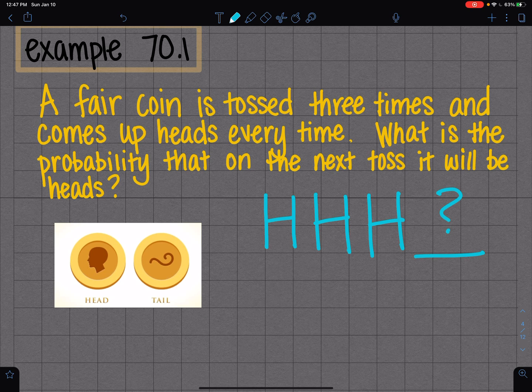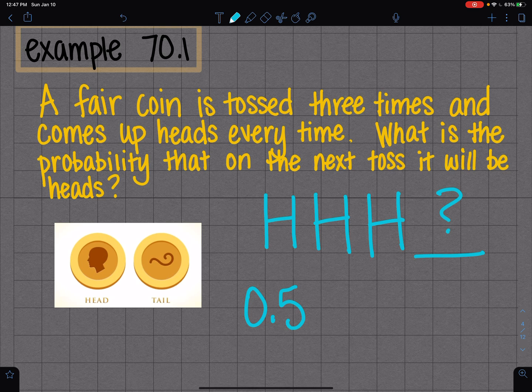So people tend to think, and it's human nature to think this, that past events have an impact on this, but they do not. These are independent events. So just because you got heads 3 times in a row doesn't mean, well, I'm bound to get tails because it's more likely to come up. No, any single time that you toss a coin, the chance of getting heads is 0.5.